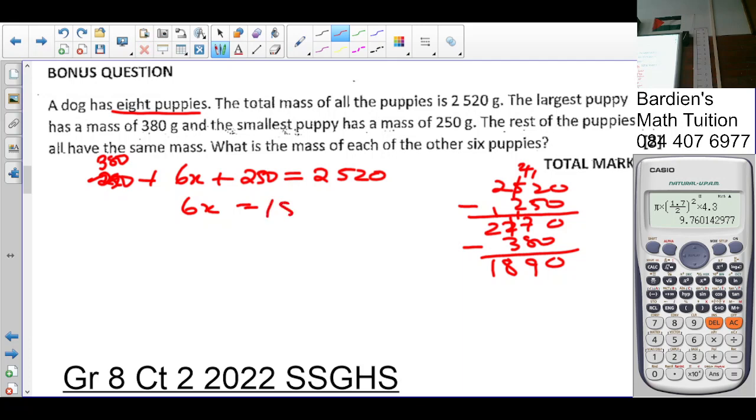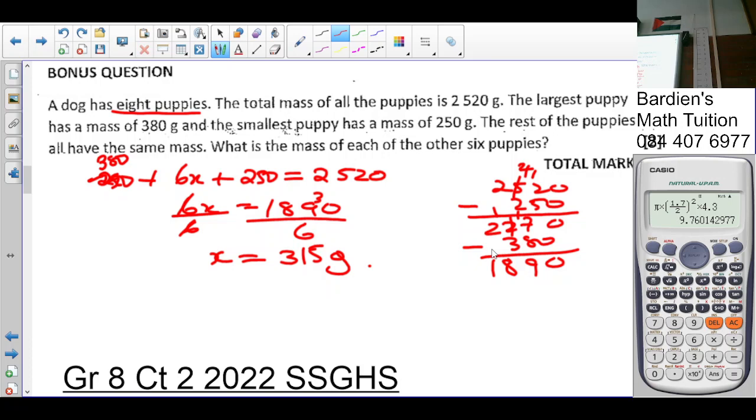Is that correct? 1890 divided by 6. 18 divided by 6 goes 3 times. 6 goes into 9 once, carry 3, 5. 350 grams is the mass of each of the 6 puppies.